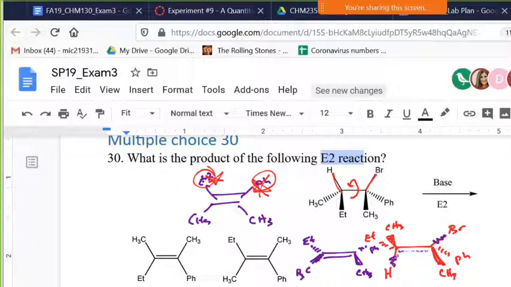I'm a little bit hesitant to throw this kind of cheat at you, but if you see a reaction drawn this way, and you know you're doing an elimination, particularly if it's shown as an E2, if you are running low on time, pick the cis product.